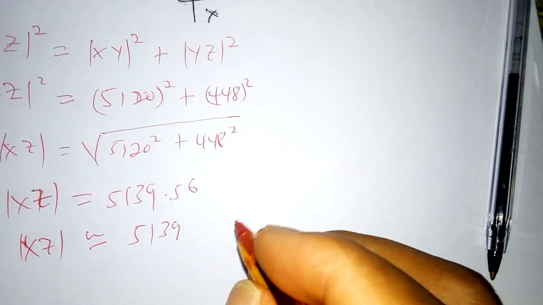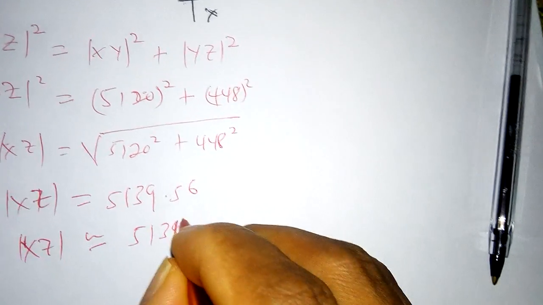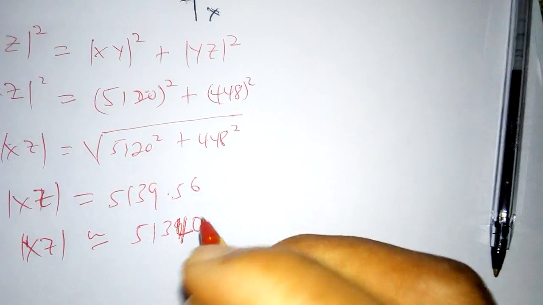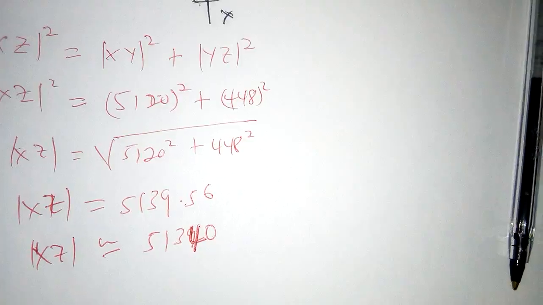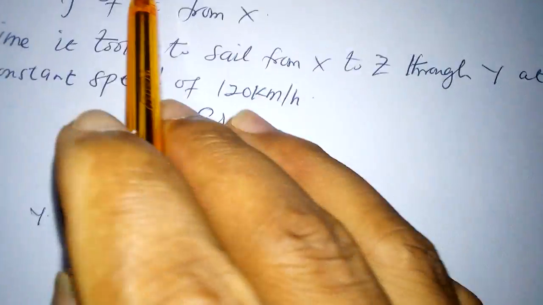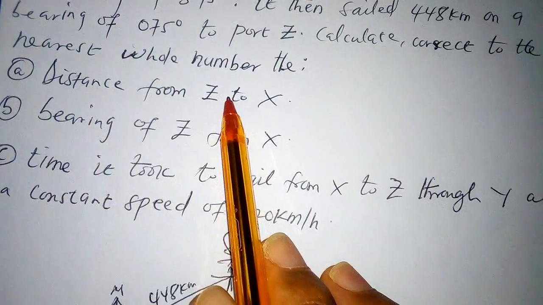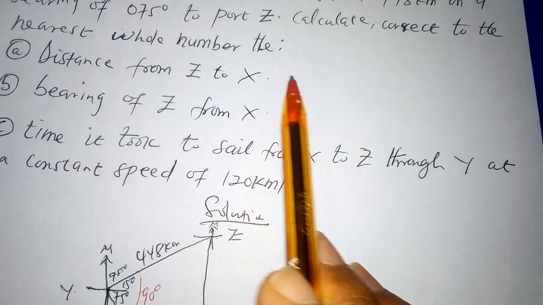They said to the nearest whole number, so 5140. So this is my first answer, the distance from Z to X.